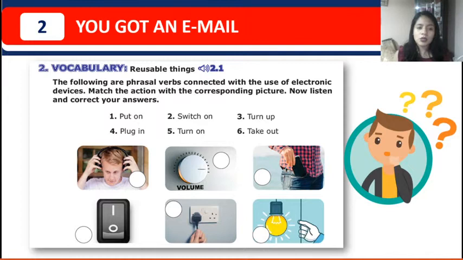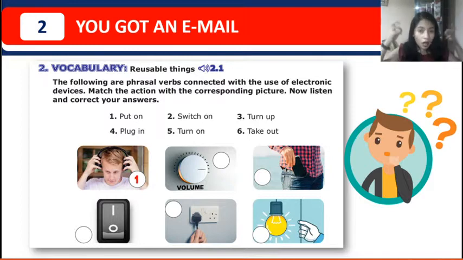In which picture do I have to put the number 1? In the first, in the second, in the third, in the fourth, the fifth, the sixth. Excellent. Very good, right? That is the first picture.